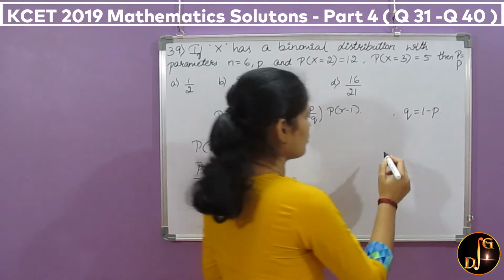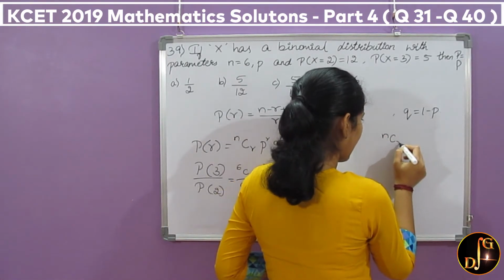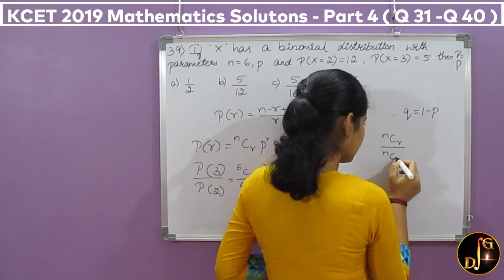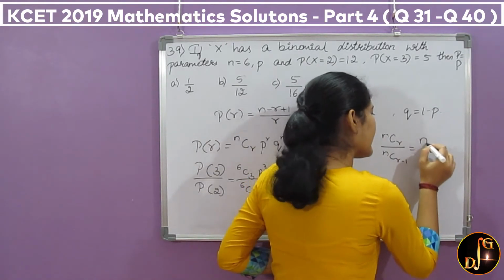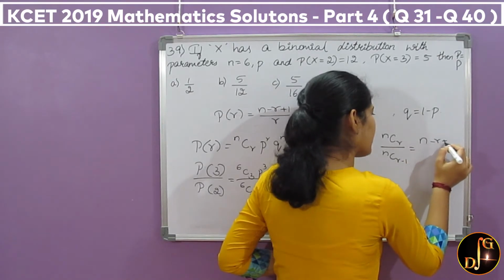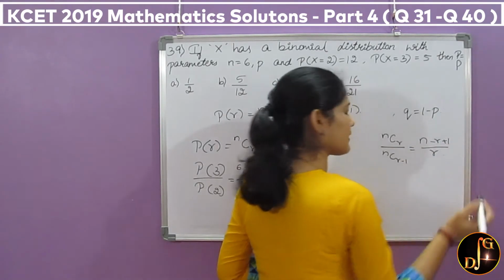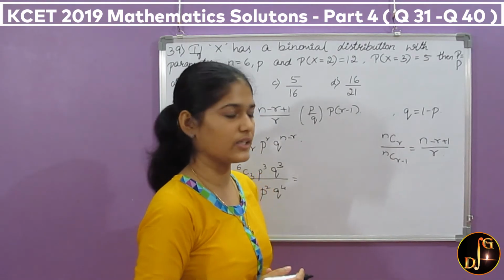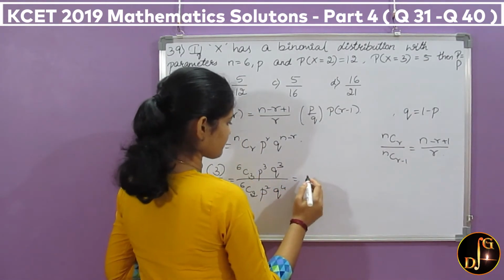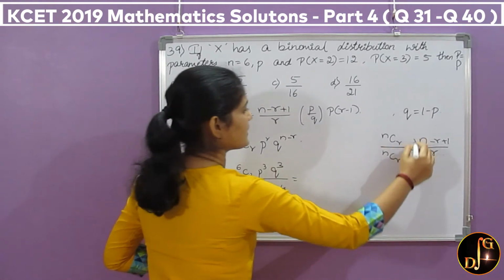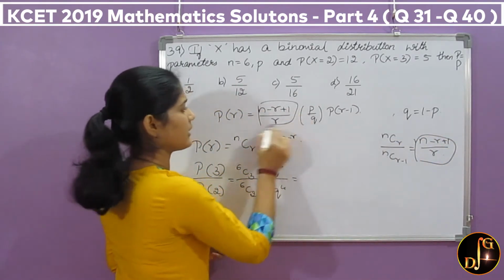And also we know that nCr divided by nC(r minus 1) is equal to (n minus r plus 1) divided by r. This is a standard result. So here also we will get the same term, right?